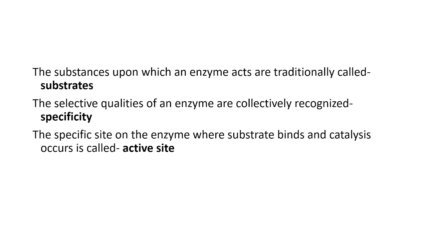The substrate upon which an enzyme acts is called the substrate. The selective qualities of an enzyme are collectively recognized and termed specificity. The specific site on the enzyme where the substrate binds and catalysis occurs is called the active site.